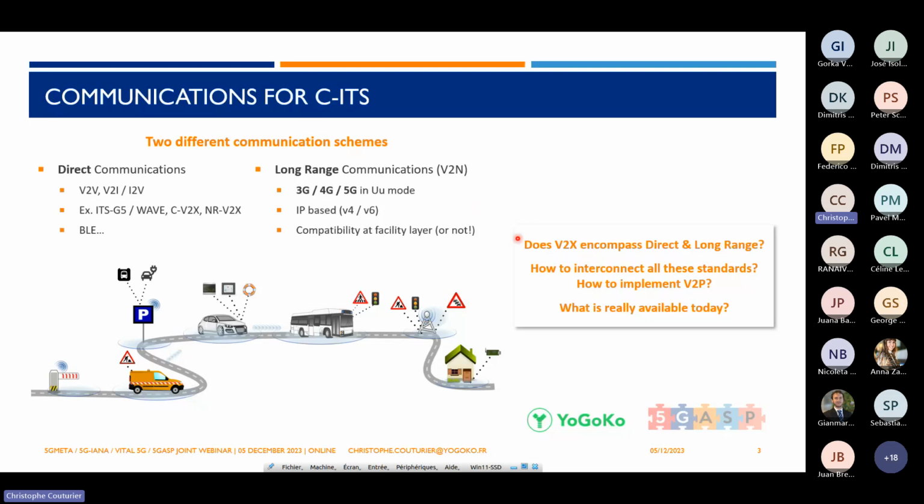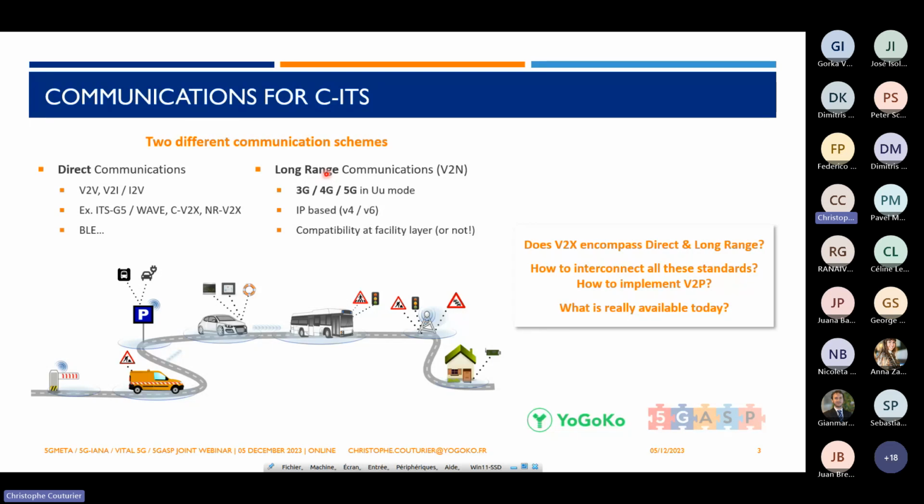The first question I want to raise, and I will answer it right now, is the problem of wording. When we speak about V2X, vehicle to everything, depending on who is speaking, V2X can encompass both modes of communication, direct and long range. In this case, it means any way to communicate between cars and road users.